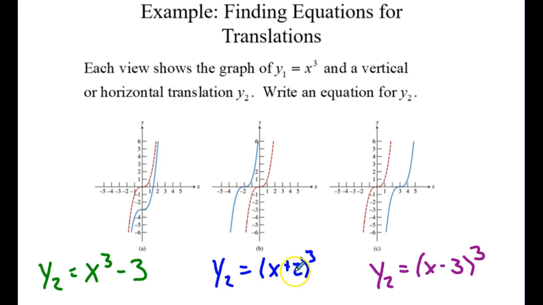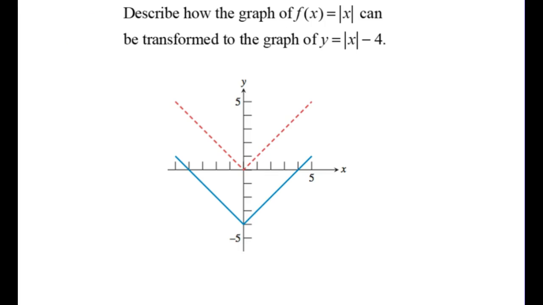If you set x plus 2 equal to 0 and solve, you get x equals negative 2, meaning you would move to the left. If you take this last example, x minus 3 equals 0, so x is equal to 3, indicating we're going 3 units to the right. So understand that when we're subtracting this value inside the parentheses, that actually means we're moving in the positive direction, moving right.